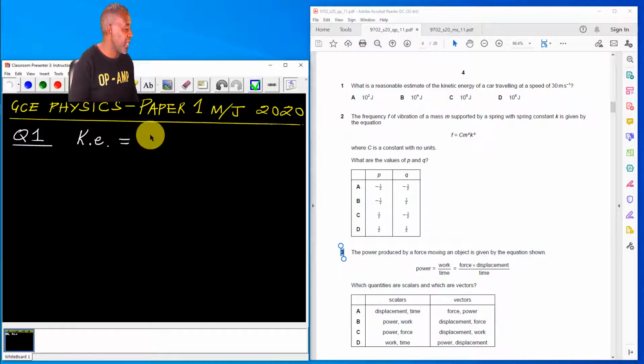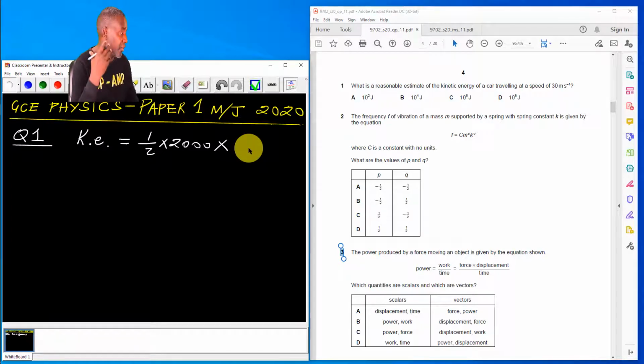Kinetic energy of any object, of course, is a half times mass, which I've said is around 2 tons. Notice that that value comes to my mind because I know a normal car would weigh between 1.5 and maybe 3 tons.